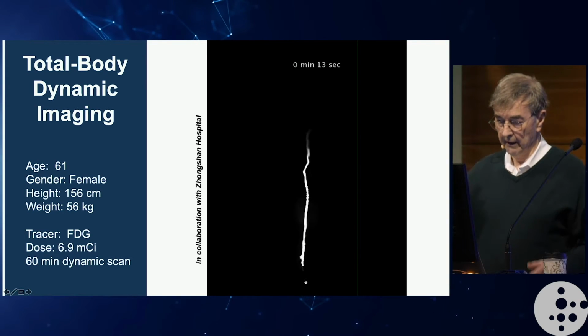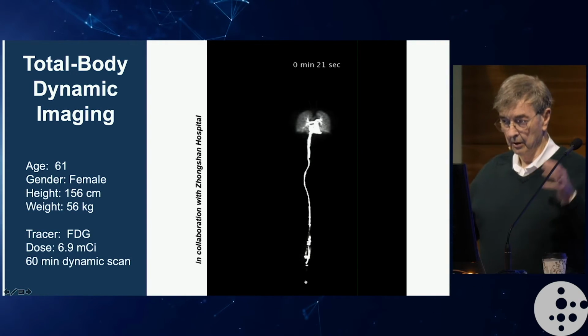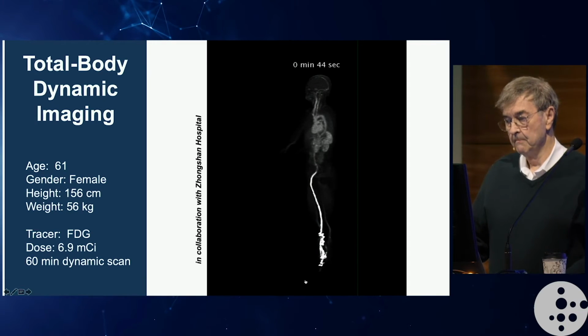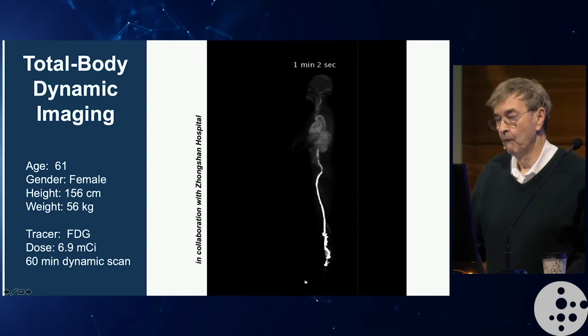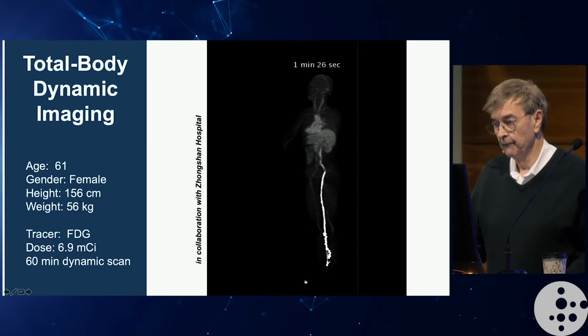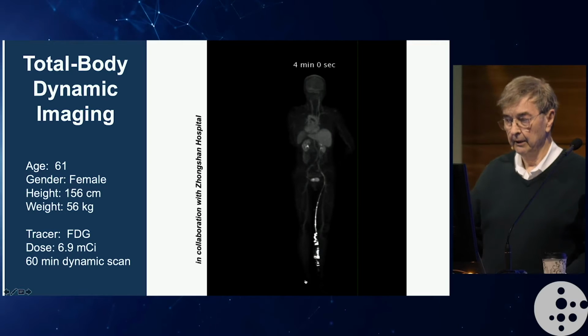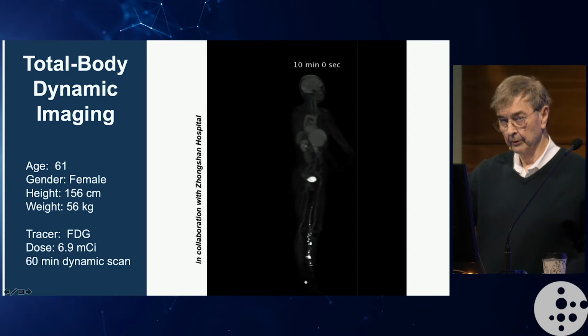So it's coming up through the vein, into the lungs, in the heart, into the lungs, back in the heart, moving throughout the body. It's now in the heart, the liver, the kidneys, moving into the brain.